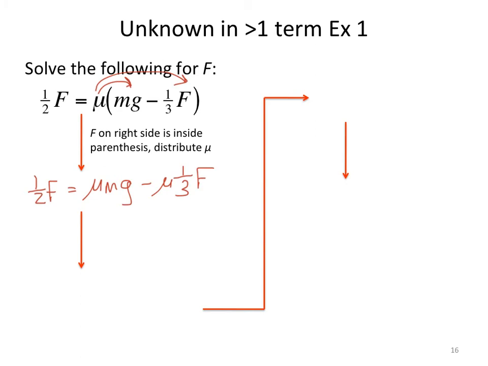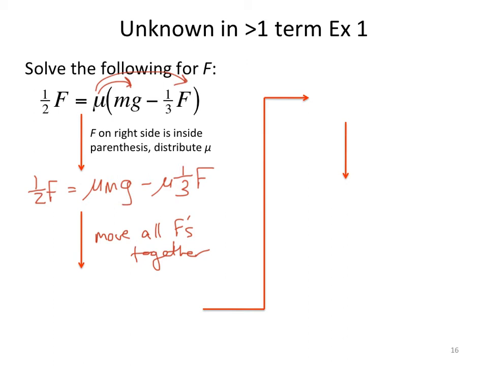So we opened up, we unlocked this parentheses right here. Now let's start getting the F's together. All right? So I'm going to write down here, move all F's together. Okay, so we want to move this F over to this side and get it with the other F right there. All right, so let's go ahead and do that.